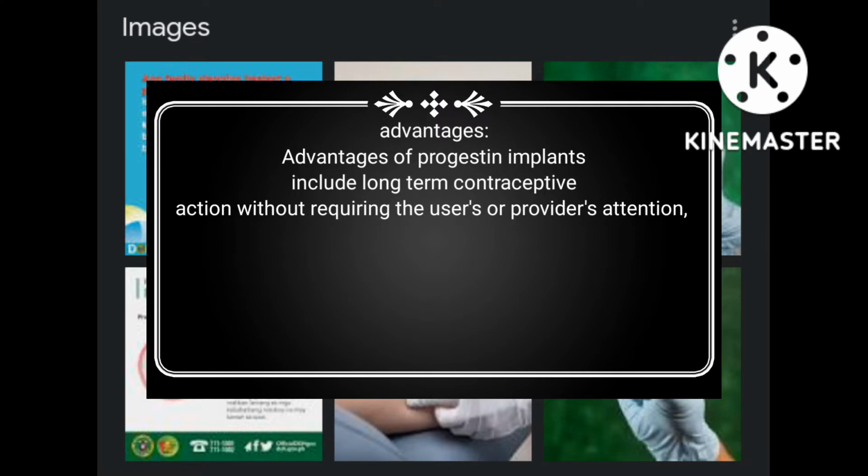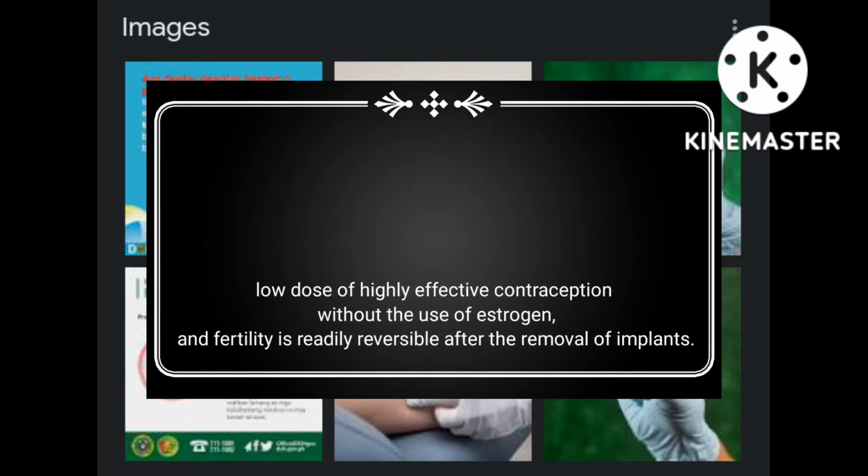Advantages: Advantages of progestin implants include long-term contraceptive action without requiring the user's or provider's attention, a low dose of highly effective contraception without the use of estrogen, and fertility is readily reversible after the removal of implants.